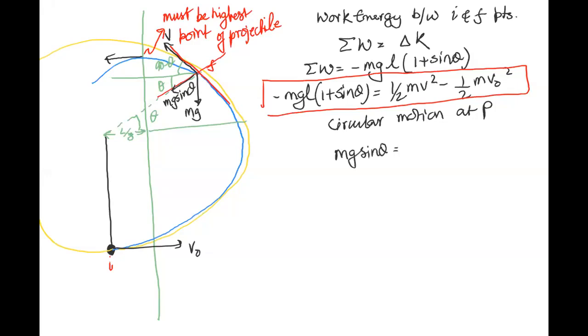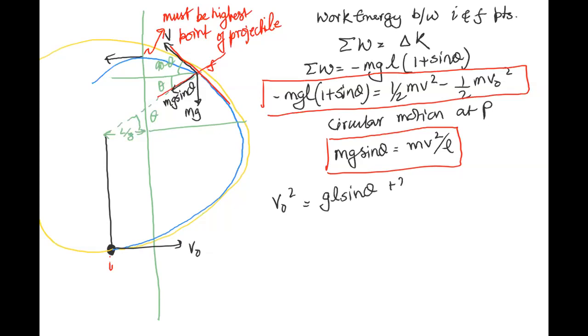Mg sin theta is equal to mv square by L. This tells us that v naught square is equal to gL sin theta plus 2gL into (1 + sin theta). Right?